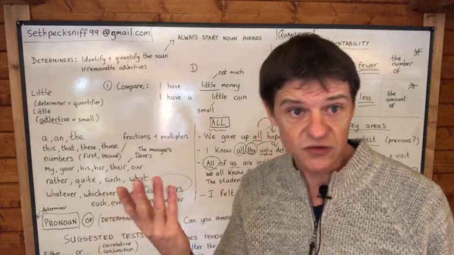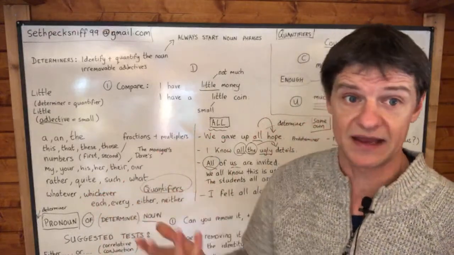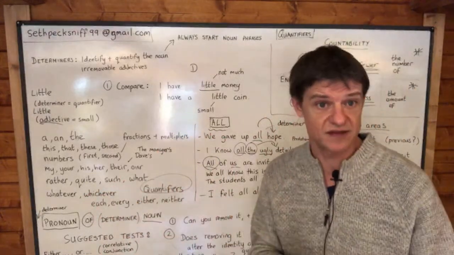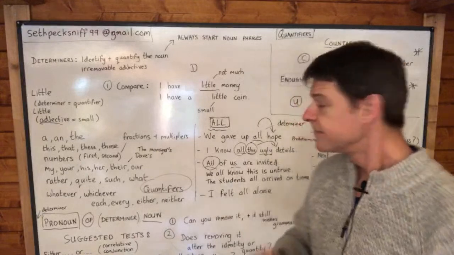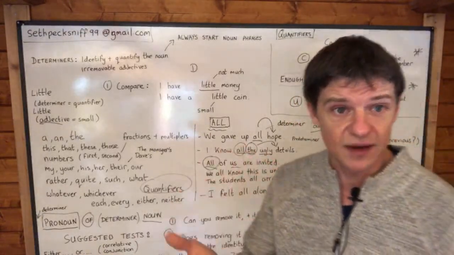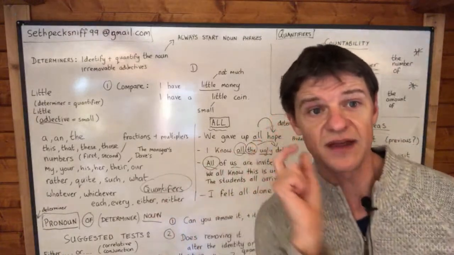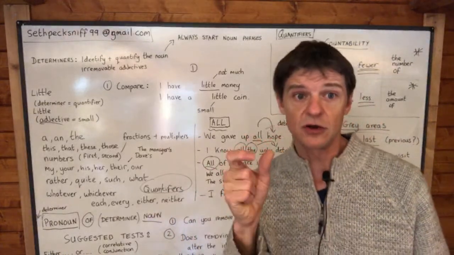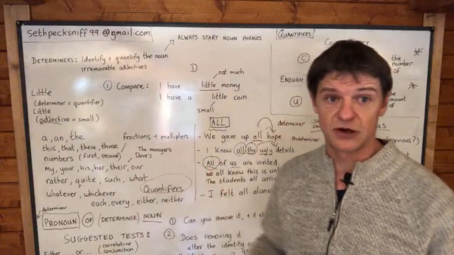I've never seen them treated like that, but that would certainly make sense to me, and I'd see that as a sensible and logical approach. However, if you want to break it up, it is possible to break up all of them, some of them, many of them, and you just do it as pronoun, preposition of, and then noun, or pronoun.